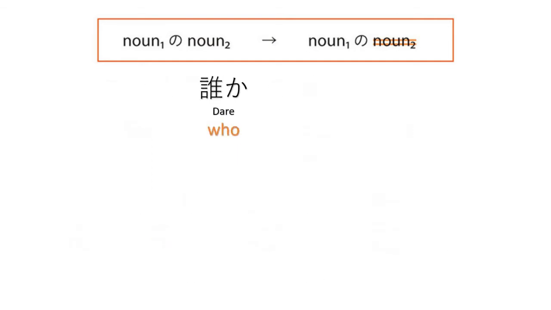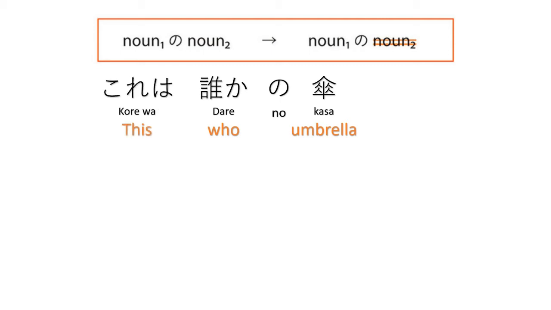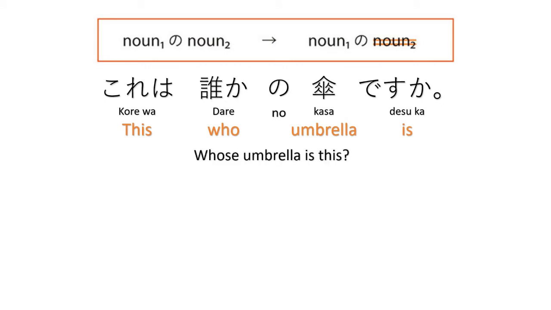Another example, dare no kasa. So here, dare means who. And we add no, it becomes possessive. So, whose umbrella? Kore wa dare no kasa desu ka? Whose umbrella is this?